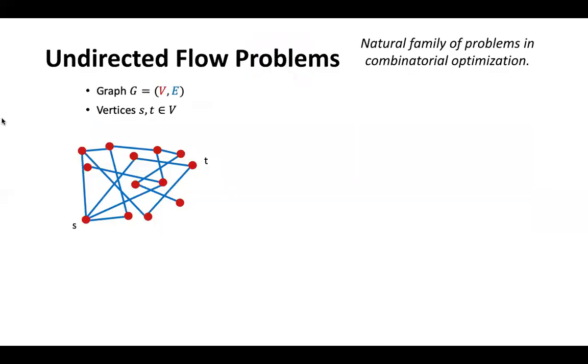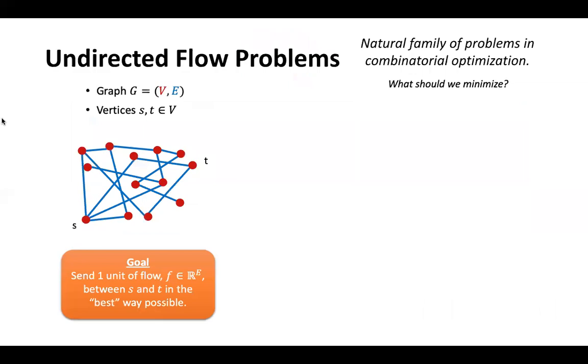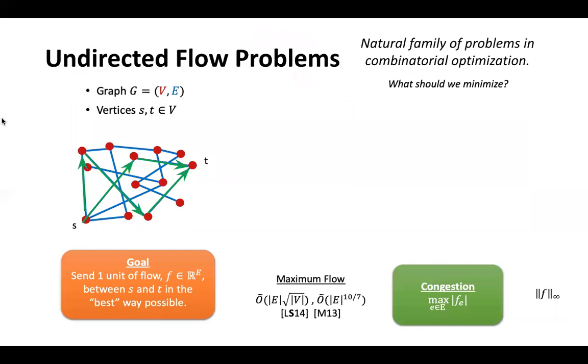To get towards how we prove our result, I'm going to talk about undirected flow problems. An undirected flow problem is: I have an undirected graph and I want to route one unit of flow from S to T, minimizing something. Natural things to minimize are some norms of the flow F. If you want to minimize the infinity norm of the flow F, that actually corresponds to max flow.